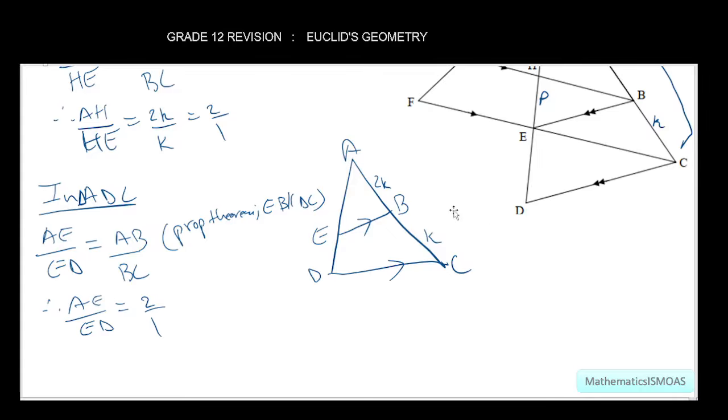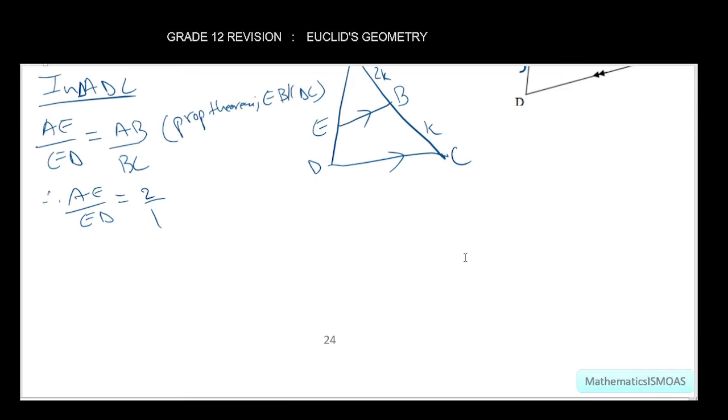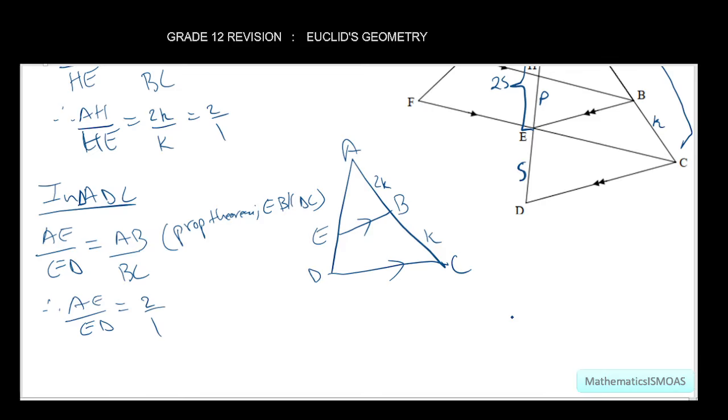Therefore, AE will be 2 something. Here is AE. Let me now take the letter S. 2S will be the length of AE, and then ED will just be S. Then let us erase this one.